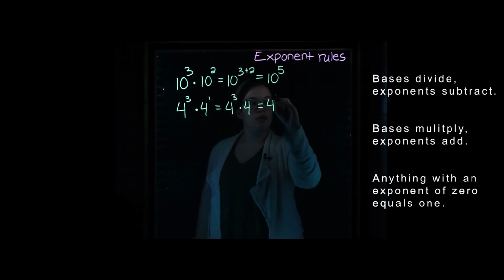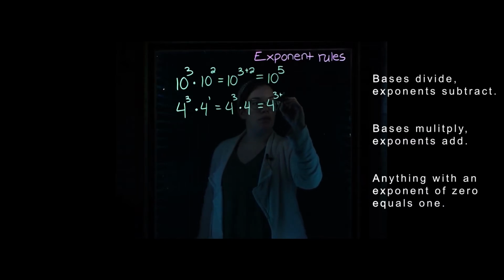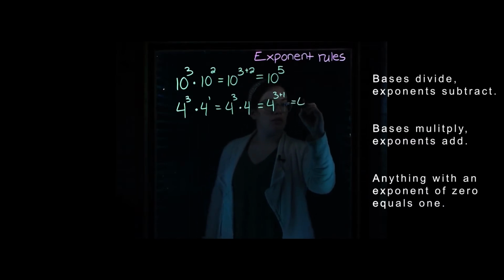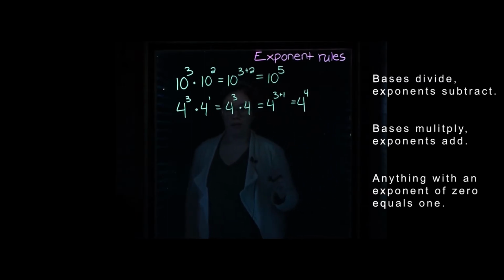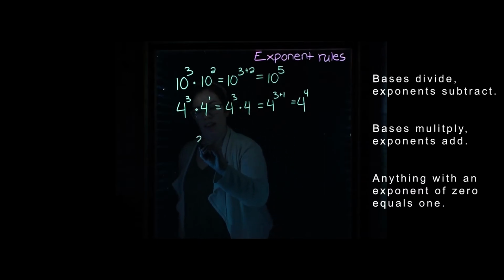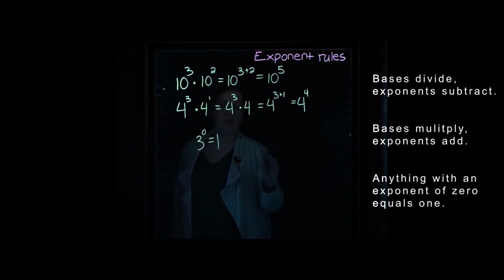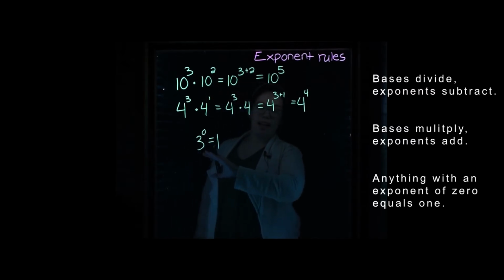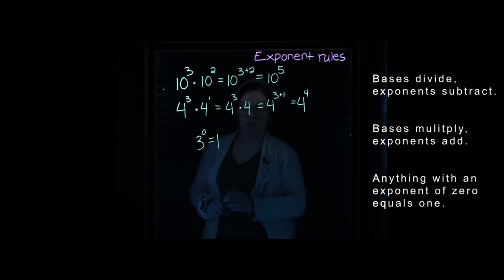That still is going to look like 3 plus 1, which equals 4. So my final answer would be 4 to the 4th power. And then real quick, if I have anything to the 0th power, it equals 1. I just want you to remember that. Again, I can go into more detail in a different video on that.